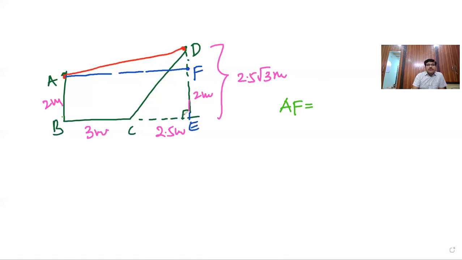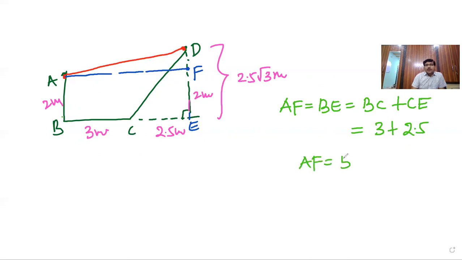AF is parallel to BE, which is equal to BC plus CE. BC is 3 and CE is 2.5. 3 plus 2.5, so AF is 5.5 meters.